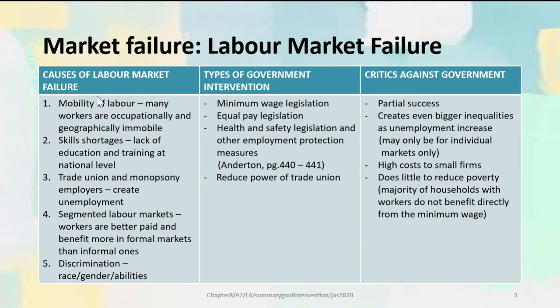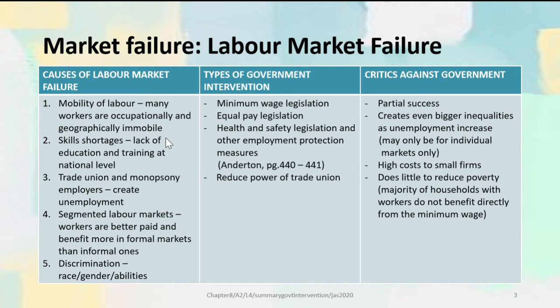Let's look at the first part here, causes of labor market failure. I merely put in several important points to indicate labor market failure. The first one would be mobility of labor. When we talk about mobility of labor, we see that many workers are occupationally and geographically immobile.